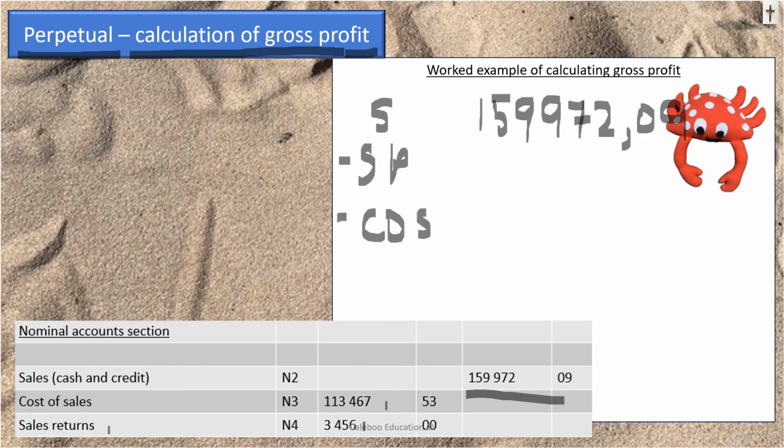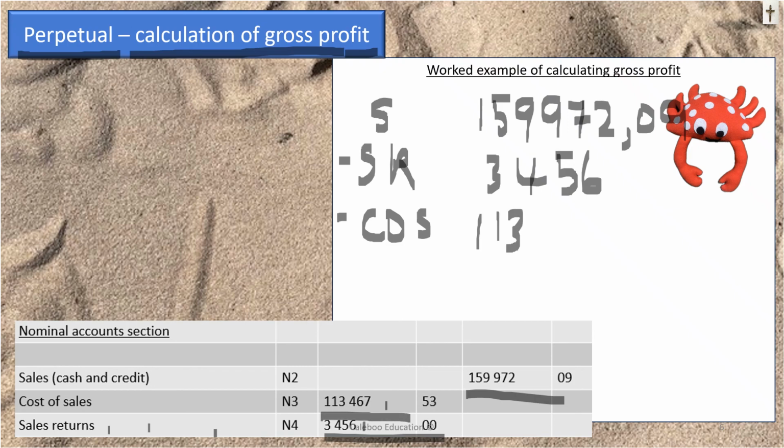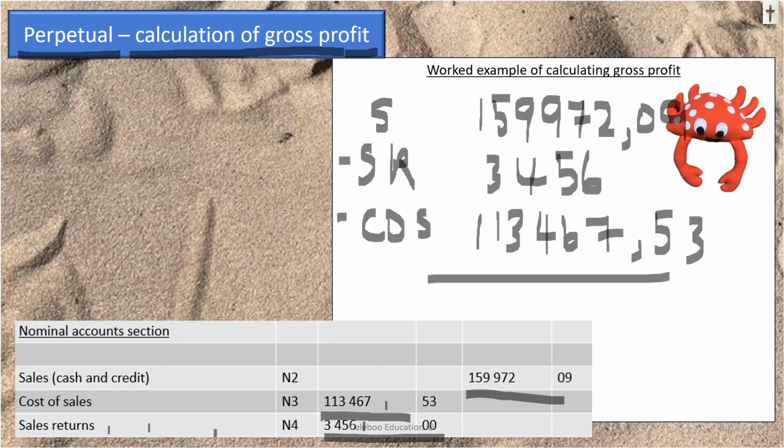Sales less the sales returns, there's the sales returns, 3456, less the cost of sales, 113467.53, is going to give you the gross profit in the perpetual inventory system.